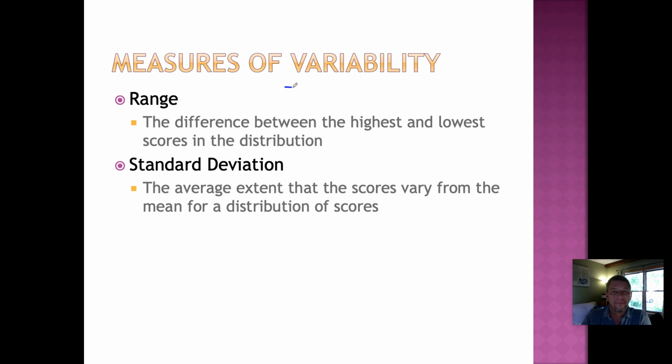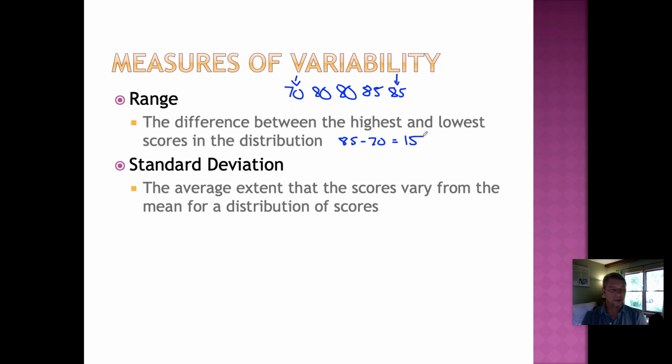So I'm going to write these out again: 70, 80, 80, 85, and 85. I take the highest score and the lowest score, and I take the difference. So 85 minus 70 leaves me with a range of 15 for this particular data set.